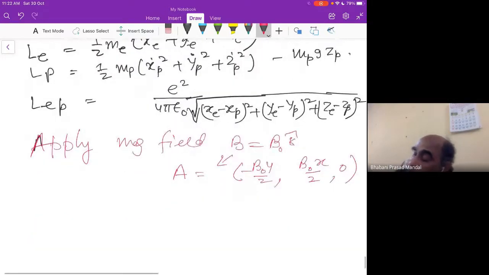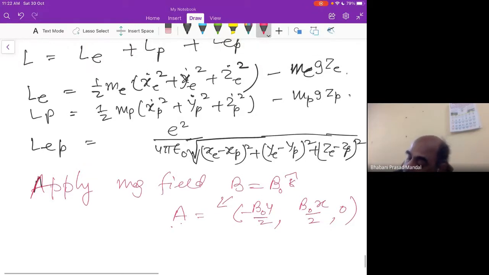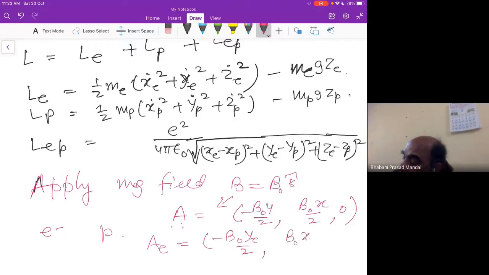But the vector potential depends on the coordinates. So we have to consider that there are two charged particles, one electron and one proton. For both there will be a vector potential. For example, for the electron, A of electron will be minus B0 y_e over 2, B0 x_e over 2, and of course this is 0.